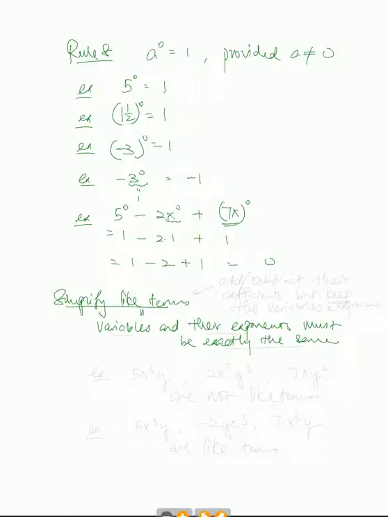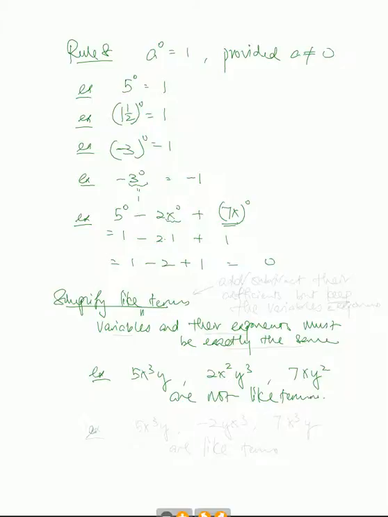So take for example, if you have 5x cubed y and 2x squared y cubed and let's say 7xy squared. You notice all of these terms have x and y's in them, but the exponents are all different. Okay, so these are not like terms.